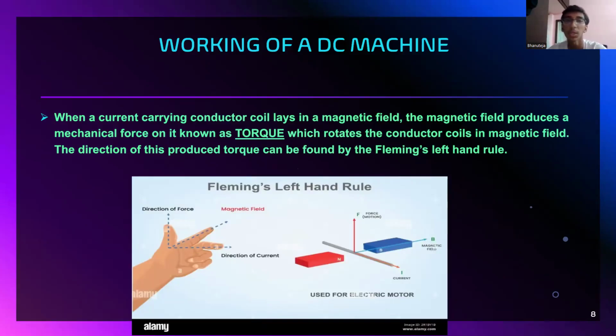The direction of this produced torque can be found by Fleming's left-hand rule, and we all know what Fleming's left-hand rule is. The thumb indicates the direction of force, the index finger the magnetic field, and the middle finger the direction of current. I'm pretty sure we all know the left-hand rule. So we want the direction of force, and as we mentioned before, the direction of the produced torque is found by Fleming's left-hand rule.